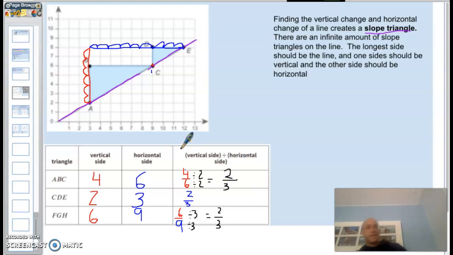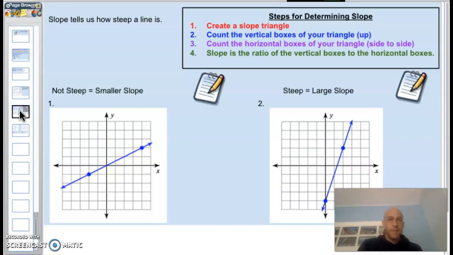All right, let's get into some practice here. So we're going to start with number 1. Okay, so remember, slope tells us how steep a line is. So the way I remember this is I start on the very left side of the line, and I try to picture myself walking up that line if it were a hill. So on number 1 here, we can see this is definitely a hill, but it's not super steep.